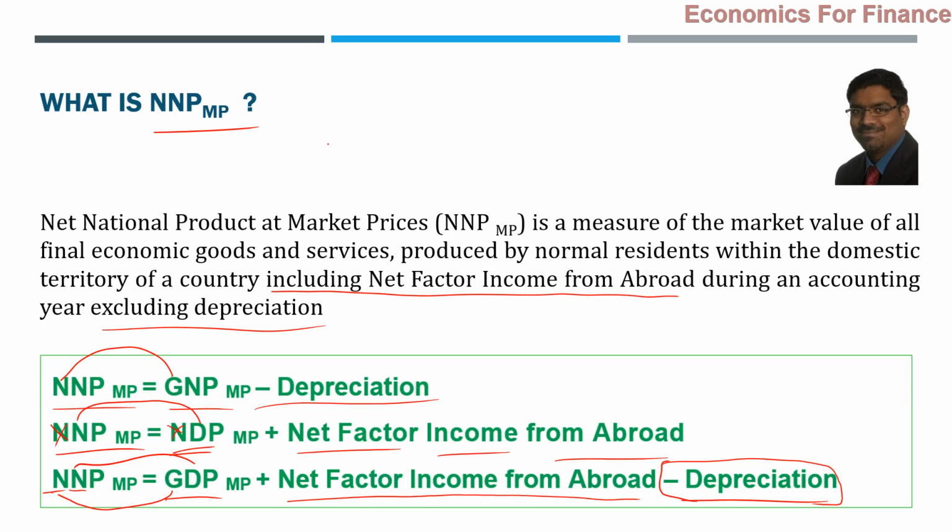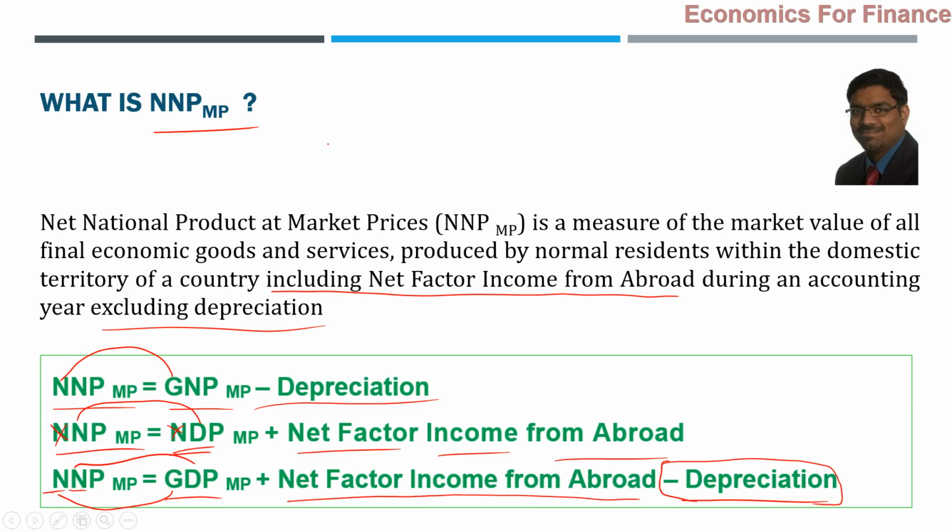What is the series of various indicators that we have been calculating and trying to understand so far? GDP-MP, GNP-MP, NDP-MP, and NNP-MP. These are the four things. But all of them have one thing in common, that is MP. MP means not member of parliament. That is market prices.